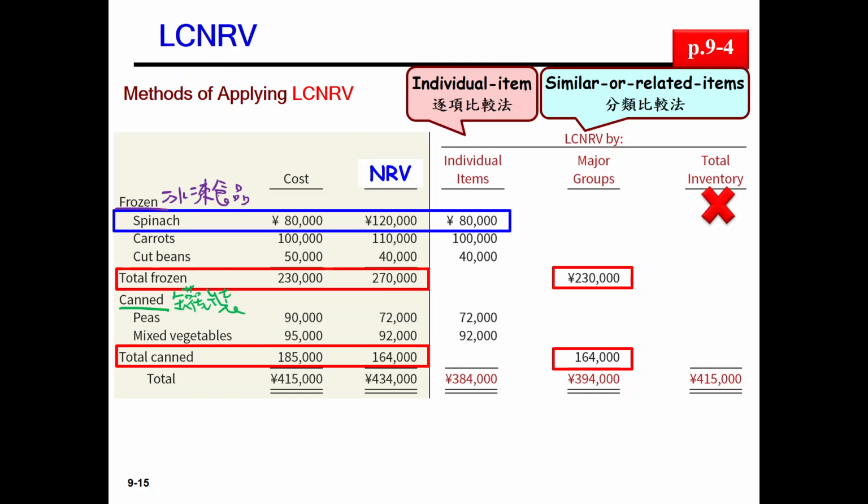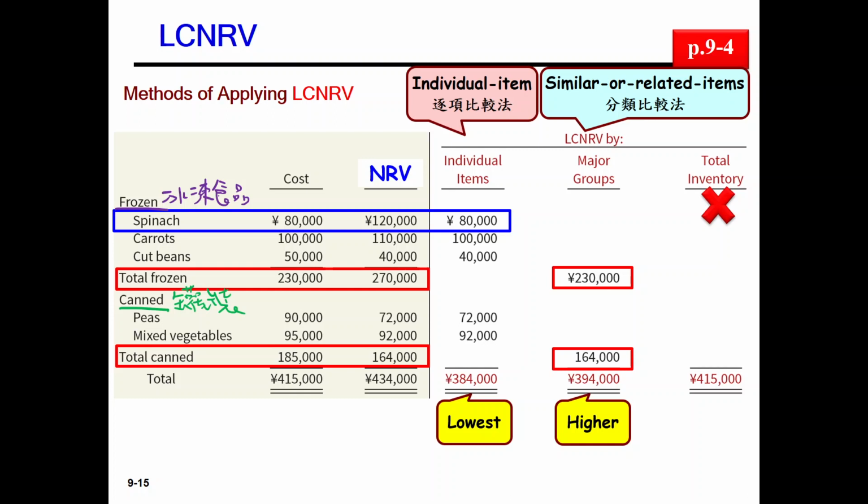Always it should be the first. Why is it the first? With the first method, you will always find the lowest amount. Why is that? We look at each item, and for each item, we take the lowest one. So of course, each item is the lowest, and you get a total amount that should be the lowest.